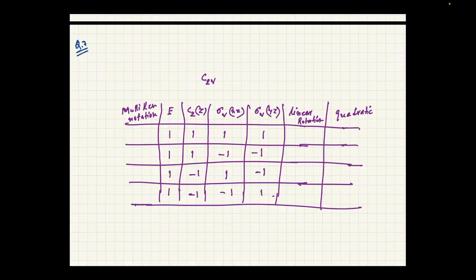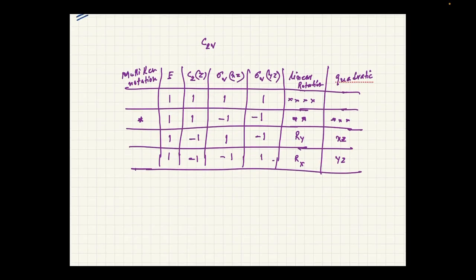Now there are several stars given. This is Ry, this is Rx, this is xz, this is yz. Then we just have to fill in these stars.